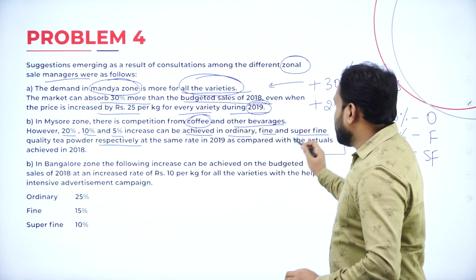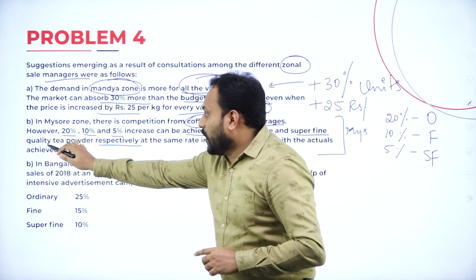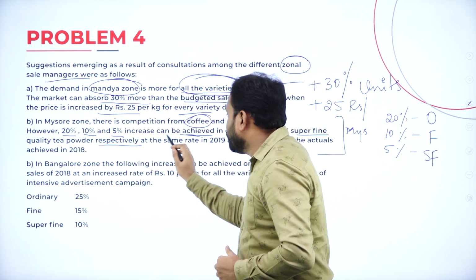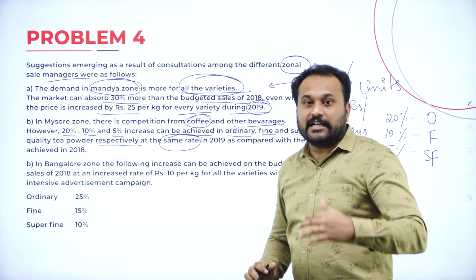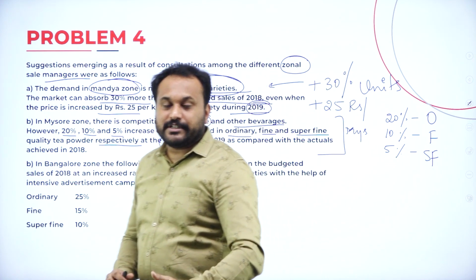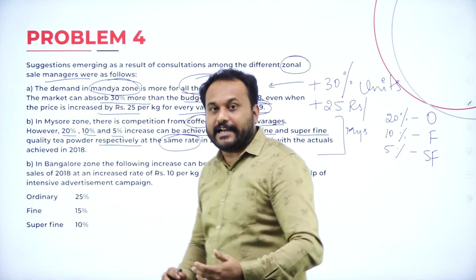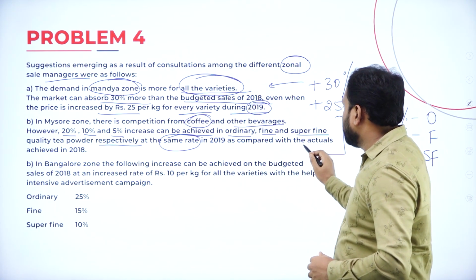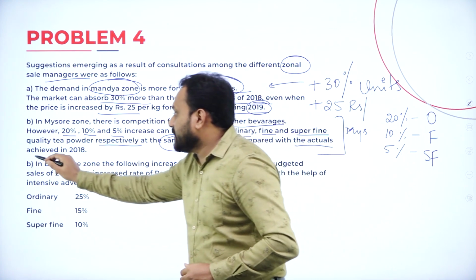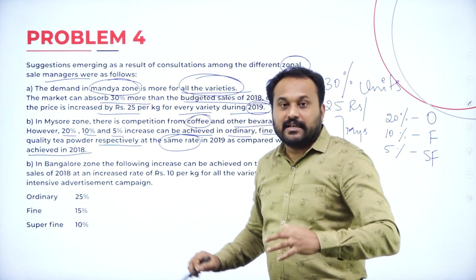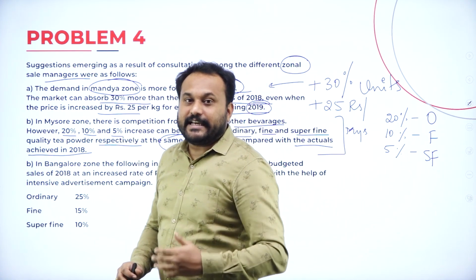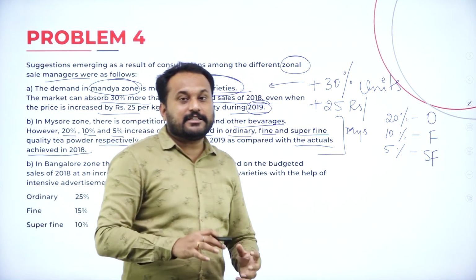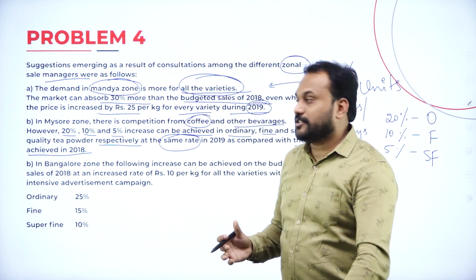And what exactly they say is quality tea product respectively at the same rate. Rate is the same. What is the rate? 100, 150 and 200. So they are retaining the same rate in Mysore in 2019 as compared with the actual achieved in 2018. That means this percentage is not increased on budgeted sales, but increased from actual sales of 2018.